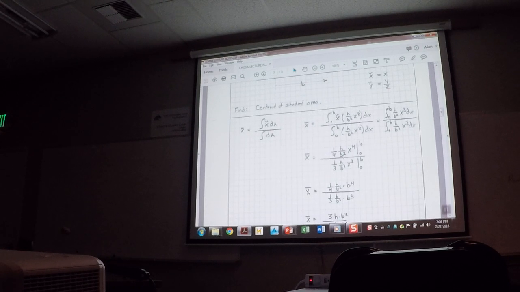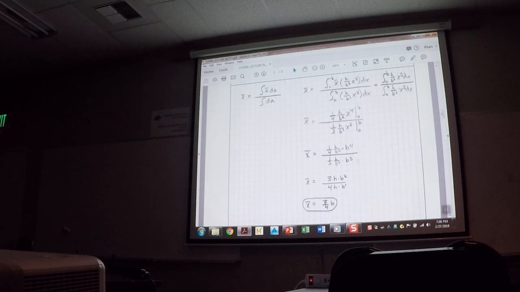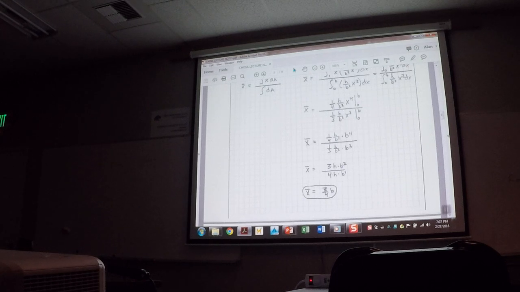Notice that you already have b to the second power in the denominator, so that would actually cancel. Everything starts canceling here. Notice that you have b to the third power down below, so that would cancel. When you're done, this would be left with b to the second power on top, this would be b to the first power down below, so those would cancel as well. We're left with just a b on the top. H on top cancels with h below, leaving 3/4 b.